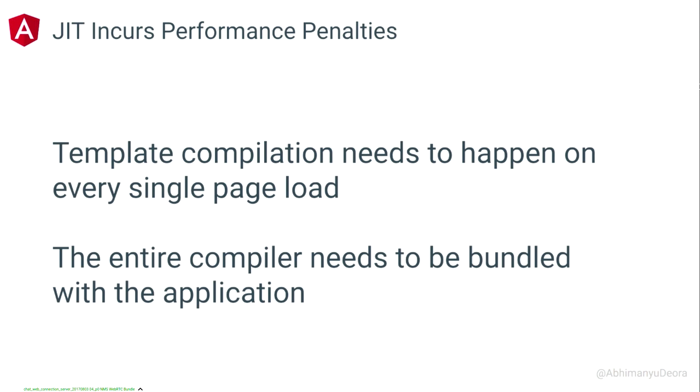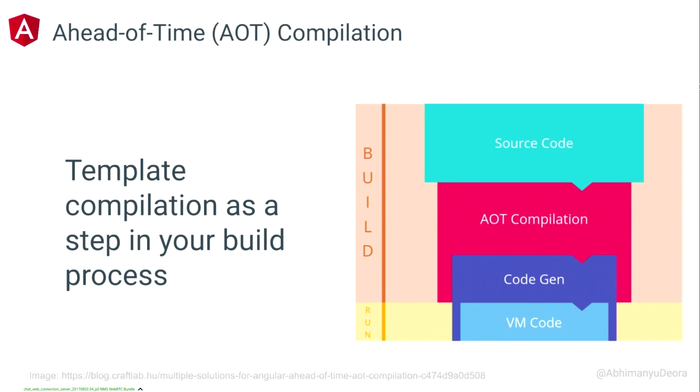To resolve this issue, the Angular team introduced a new paradigm called ahead-of-time compilation. As the name implies, this is template compilation ahead of time as a step in your build process. So you run the template compiler before the code even hits the user's browser. You write the code, run the compiler, it generates the compiled JavaScript, you bundle that, and ship it to the user.